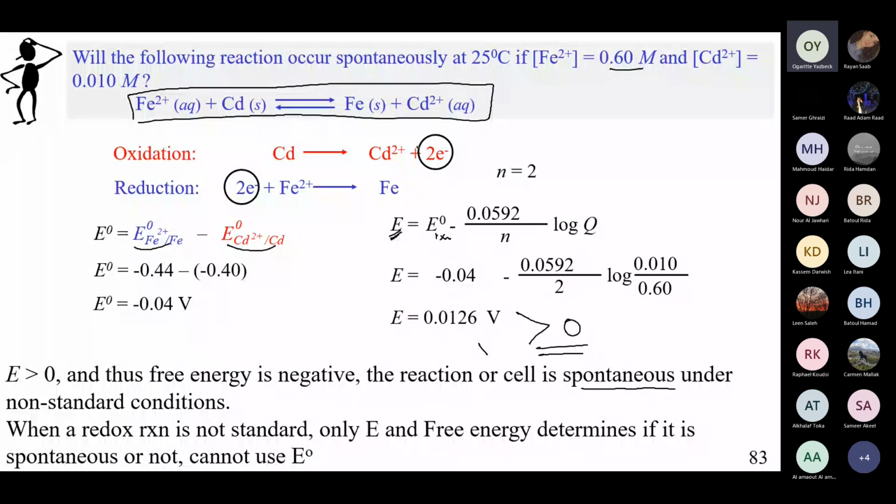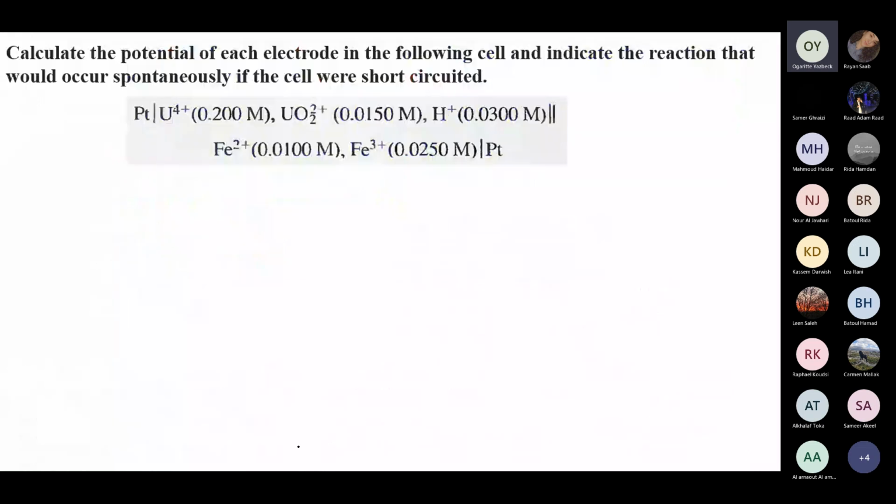So if I ask you whether a reaction is spontaneous or not, you can't just decide depending on the E naught value being negative. You must get the E, and as long as the E is greater than 0, the reaction is spontaneous. So really you cannot use simple E naughts to determine spontaneity unless it is really standard conditions.